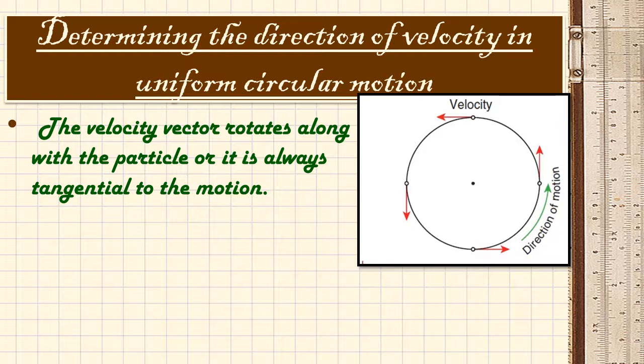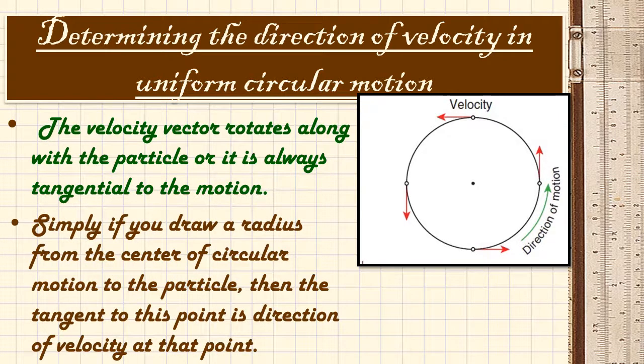The center of the circle is there, and on the circular path the object is revolving with a tangential velocity. Tangent to the circle, so the velocity is always tangential to the motion.